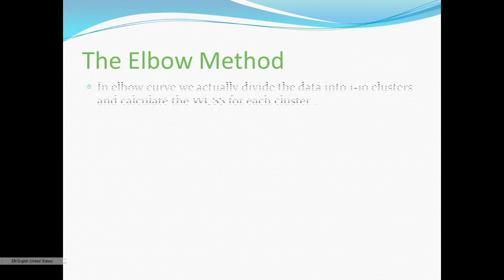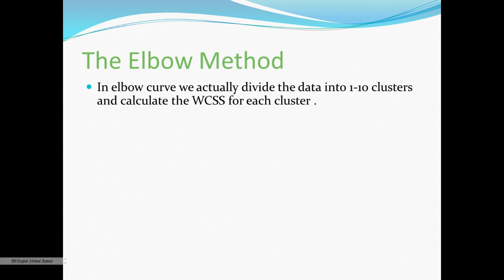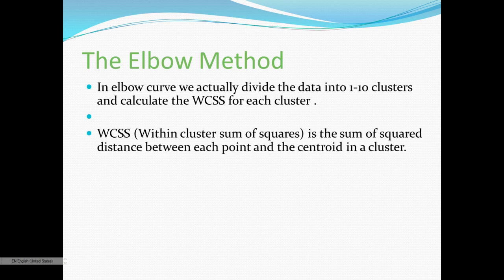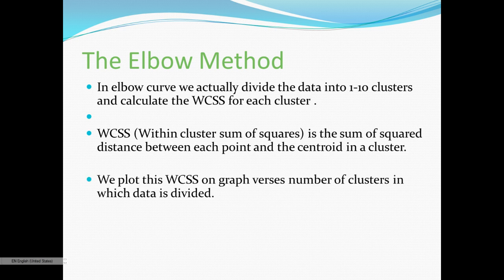The elbow method. In the elbow curve, we divide the data into 1 to 10 clusters and calculate the WCSS for each cluster. The WCSS, within cluster sum of squares, is the sum of squared distances between each point and the centroid in the cluster.